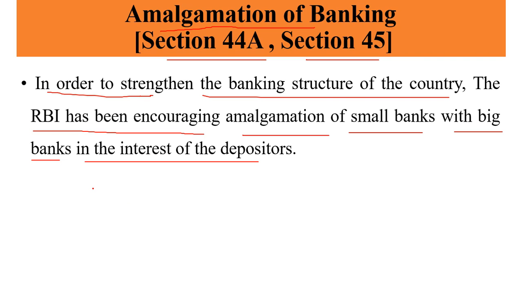Suppose there are two small banks, for example A bank and B bank. If they come together to form one big bank, the new bank will be AB bank. This is the process of amalgamation, when two small banks come together to form one single bank.